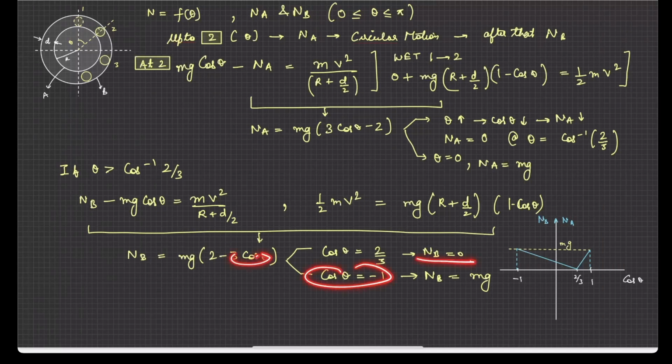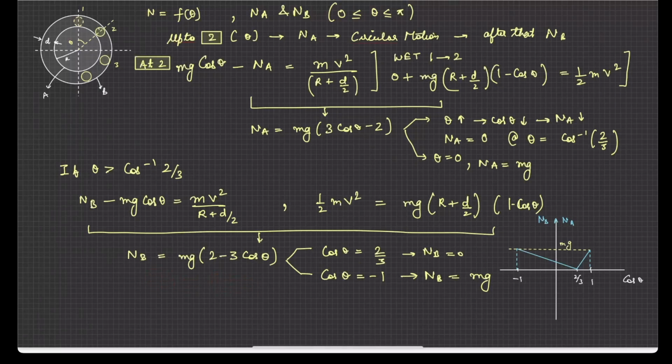If the ball goes up to this level, that means cos theta is equal to -1. If we put the value -1 here, it comes out to be NB equal to 5 mg.